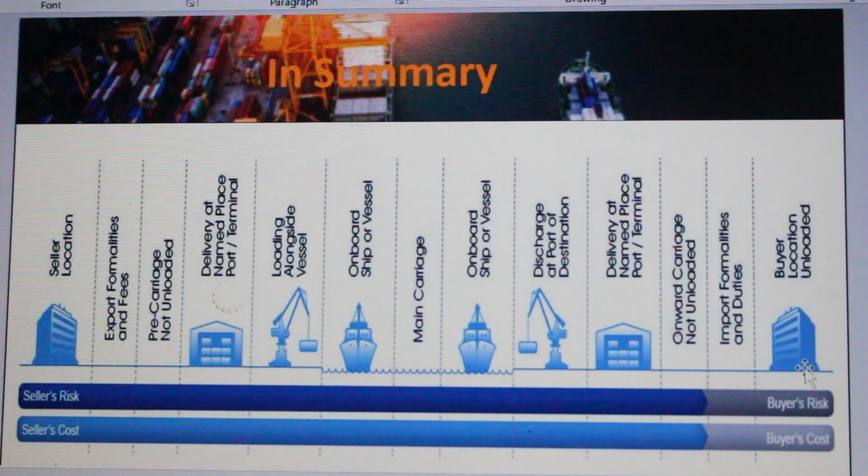From the seller's location to the buyer's location, we can see who is carrying out what, as far as risk and responsibility are concerned. And this will also help you as a trader, as an international player, to negotiate better at the table of negotiation with your business partner abroad, on which Incoterms rule is better for you.